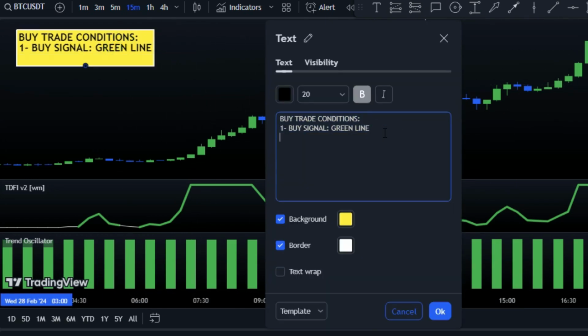Next, confirm the buy signal's strength with the trend oscillator. Its histogram should be green, indicating a bullish market momentum.